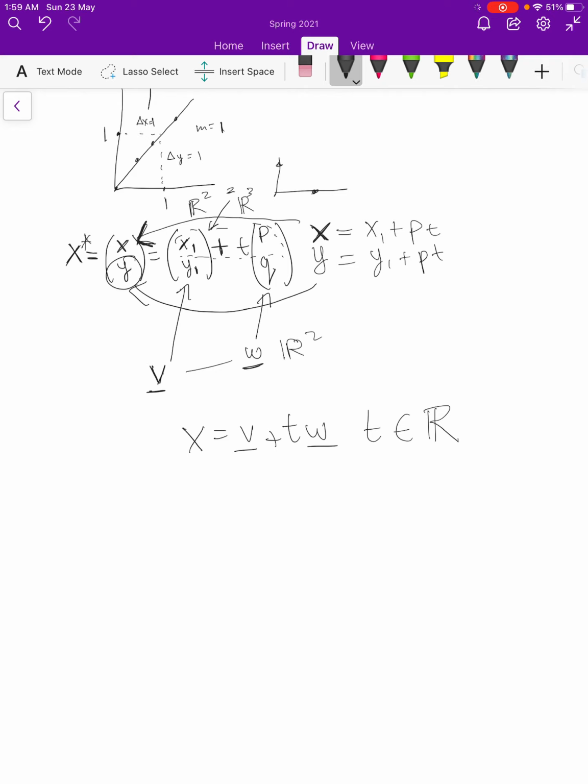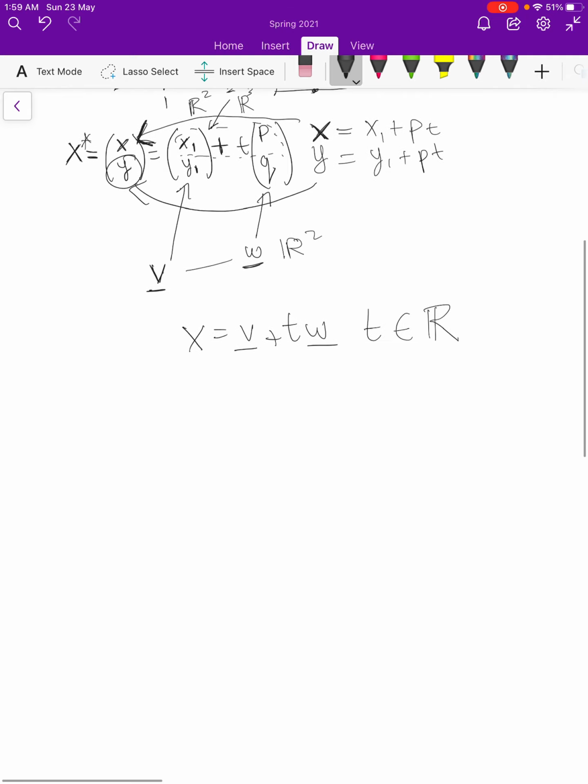And to explain how this builds us a line, well, what basically is happening over here is, say we input t equals 0. This is its starting point of this line.